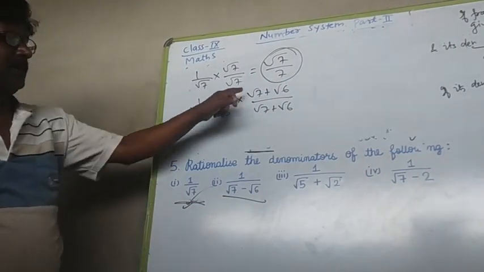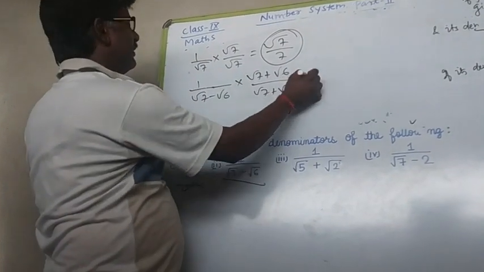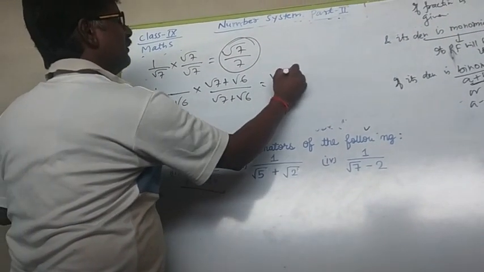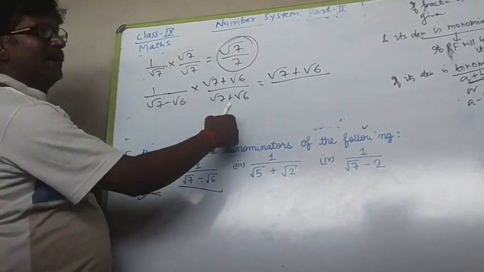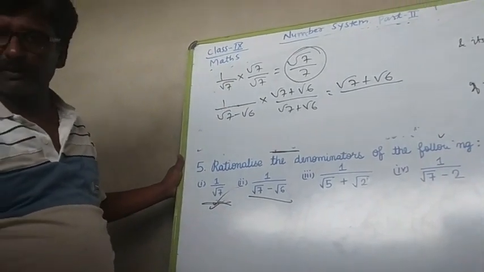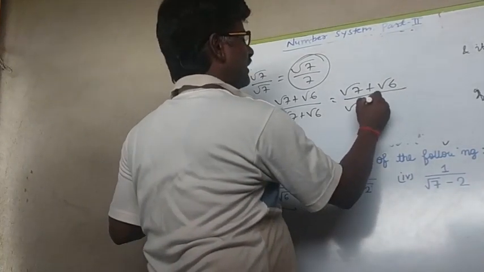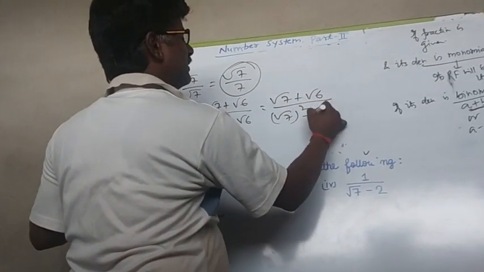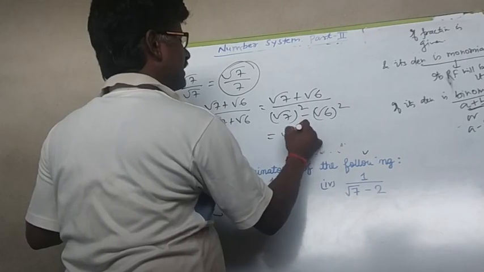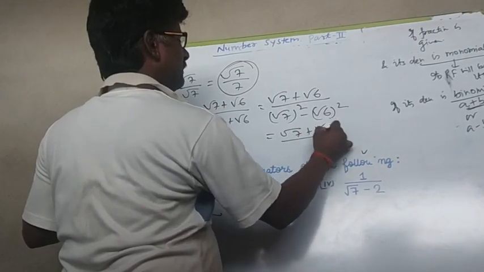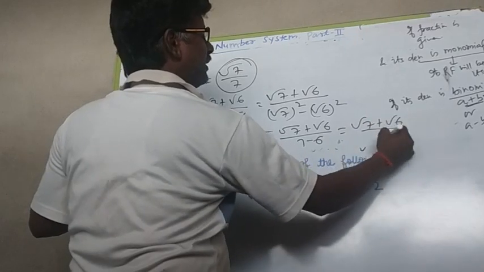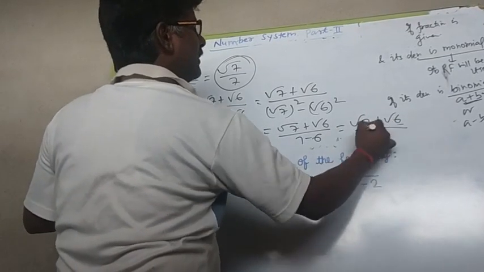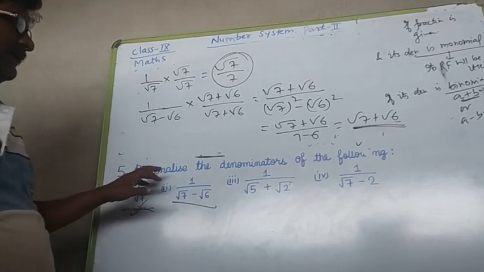Now multiplying, 1 times this gives root 7 plus root 6. A minus b into a plus b is equal to a square minus b square. So root 7 square minus root 6 square, that is root 7 plus root 6 by 7 minus 6. This is root 7 plus root 6 by 1, or simply root 7 plus root 6 is the rationalization of this.